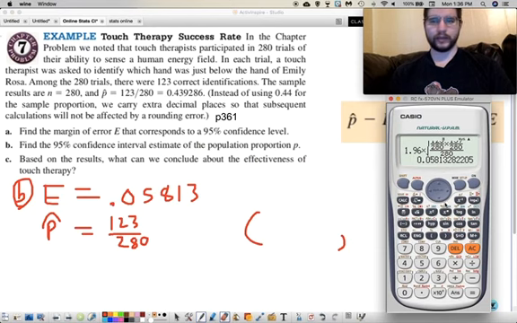So that's what I'm going to do. I'm going to say 123 over 280, I'll put it in fractions on this one, plus my answer. Okay, that gives me 0.497, 3 sig figs.